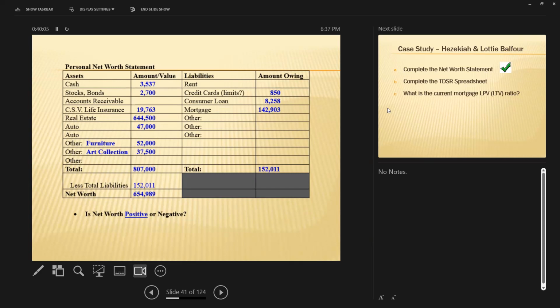That's why the headings show auto, and they have auto twice in case they have more than one auto. Some people, like sole proprietors, a construction worker may have tools, or a straw vendor may have some of her supplies or her stationery. Those would all be considered assets, because they own them.